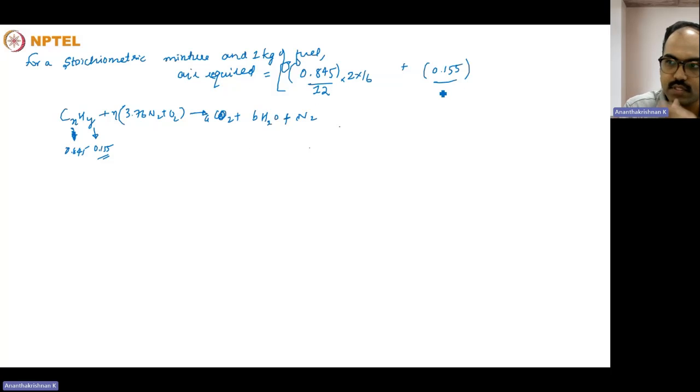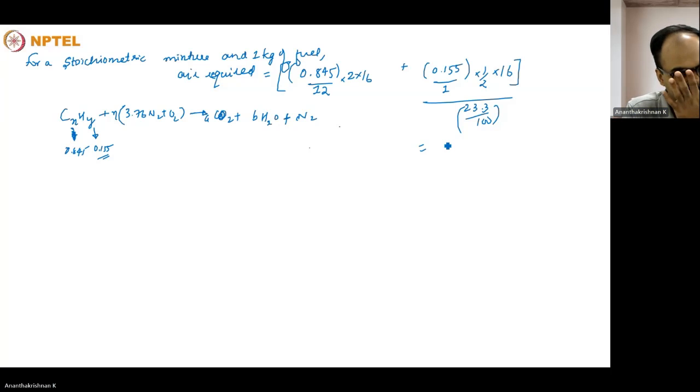And similarly, 0.155 divided by 1 for hydrogen, and then 1/2, because for every two atoms of hydrogen there is one atom of oxygen, multiplied by the atomic mass of oxygen, all divided by 23.3%. This will give you the total mass of air needed to stoichiometrically combust 1 kg of fuel.